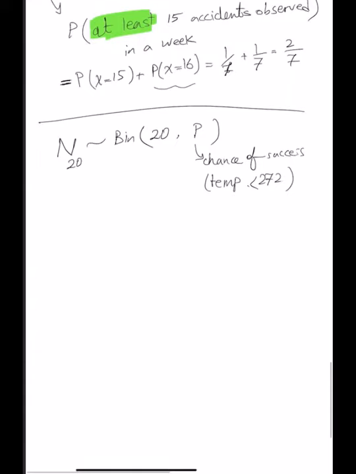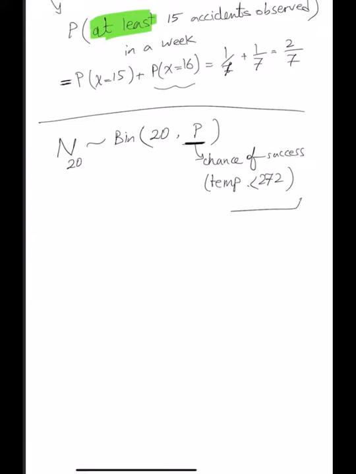To do some calculation. What do you need to do? So basically this table is some historical data that you have from the past. This is all I have to calculate whatever I need in this problem. So now, given this historical data, tell me how I can find p, the chance of success in this setup. So the success is temperature less than 272, right?